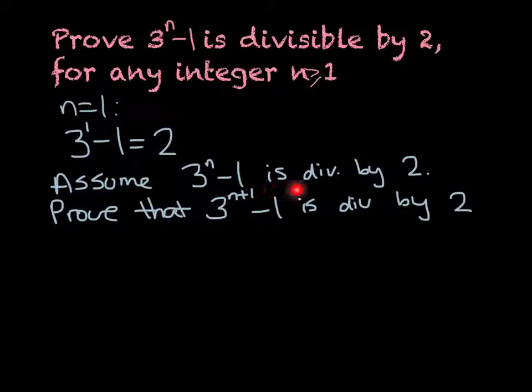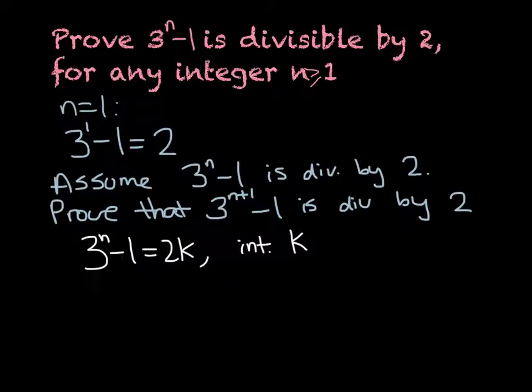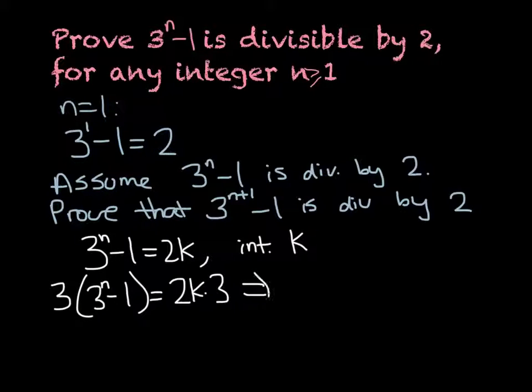So our first statement here just means that 3 to the n minus 1 equals 2k for some integer k. Now, if we multiply everything by 3, what we end up with is 3 to the power of n plus 1 minus 3 equals 6k.